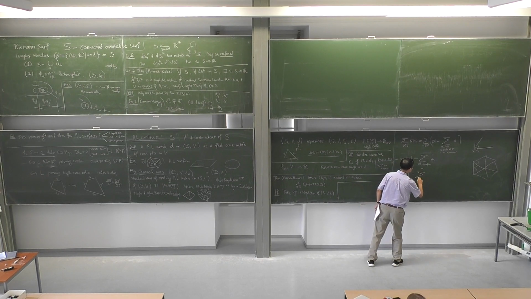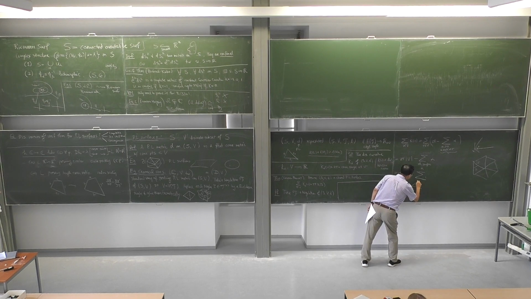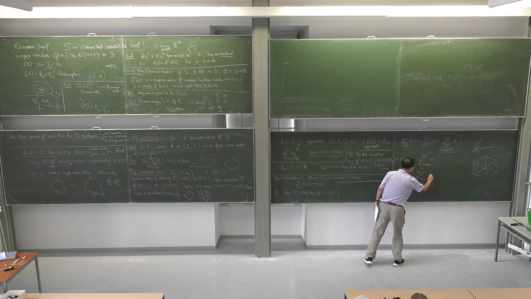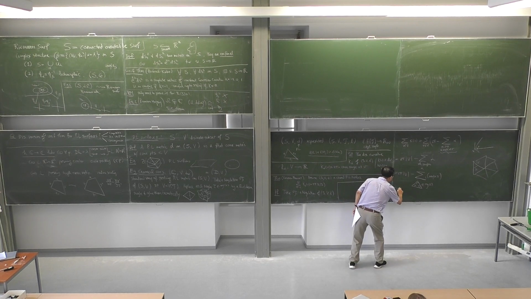And now I'm going to group these angles according to the triangle. So you look at the triangle in the triangulation with 3 angles, alpha, beta, gamma. So I group them according to the triangles these angles lie in. And because these are Euclidean triangles, that's going to be equal to pi times the number of triangles, which I'm going to write as F2 in the triangulation.